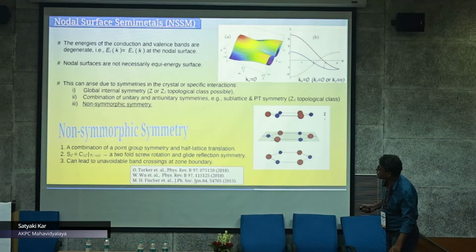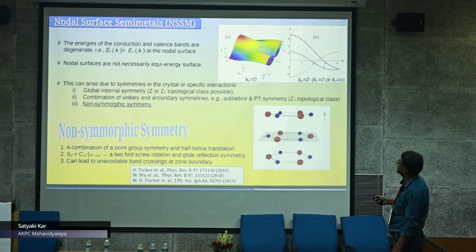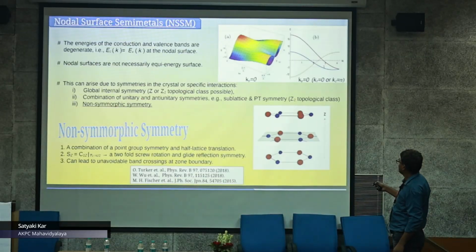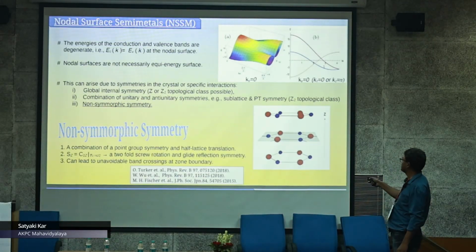So now nodal surface semi-metal: there the conduction and valence bands touch in a nodal surface, but that surface not necessarily has to be at a single energy. For example, this is coming from some Hamiltonian, we'll talk about that later, but this is just a plot of the dispersion at ky equals 0. From there you can also take another cut.